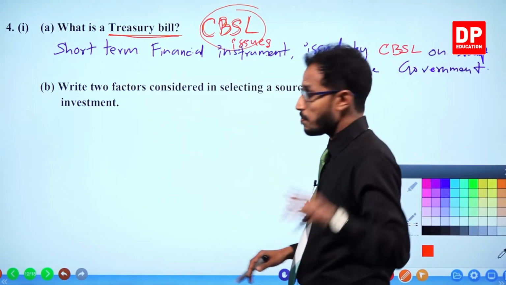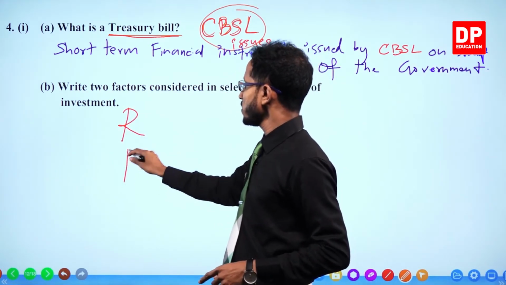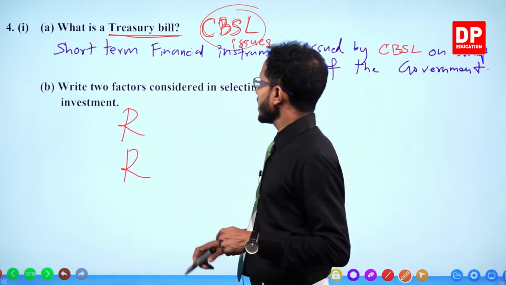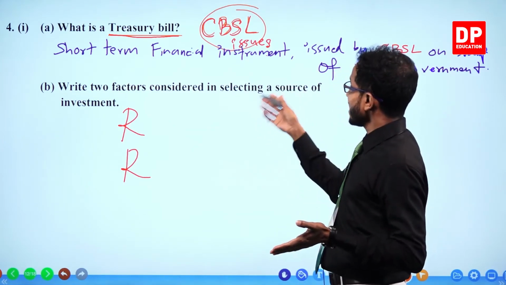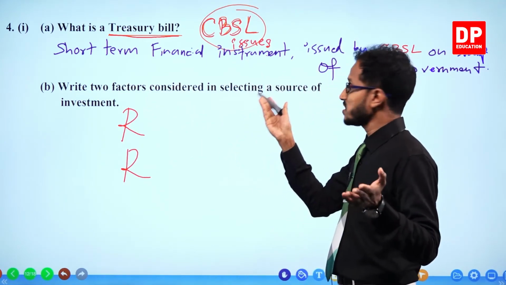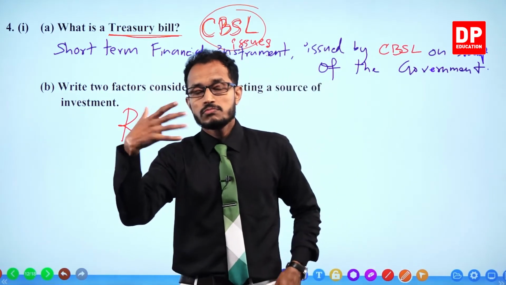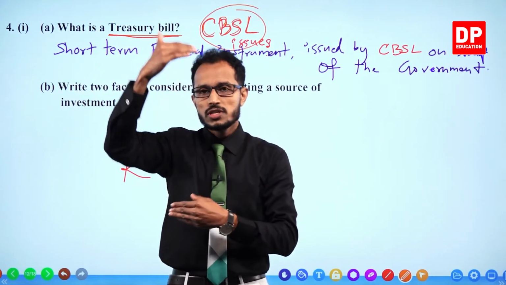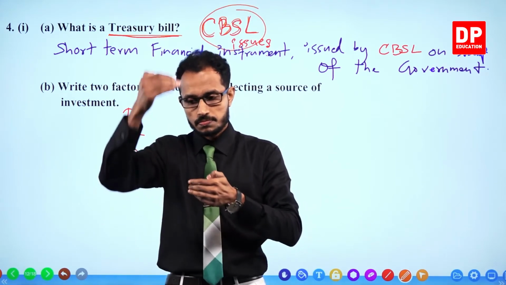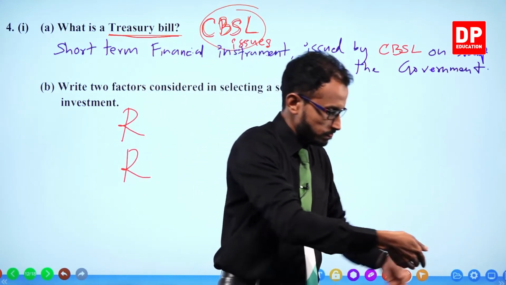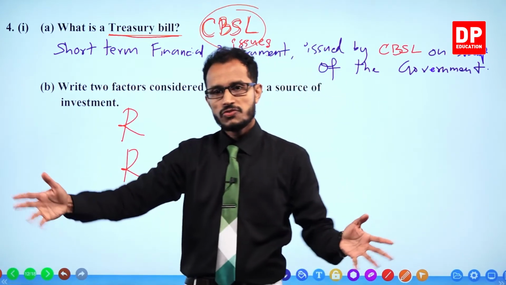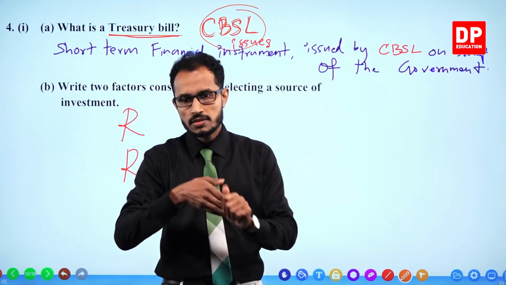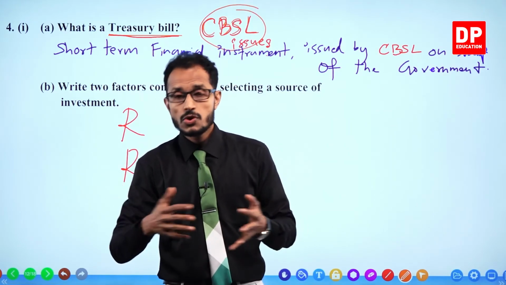Tell me the 2 main factors that you should consider when you are selecting where to invest your money, whether to buy shares of a company through the share market, or buy a land, or fixed assets, properties, or whether to start a business of your own.